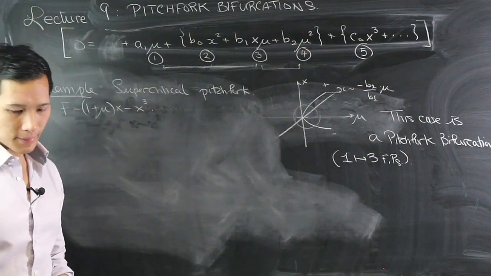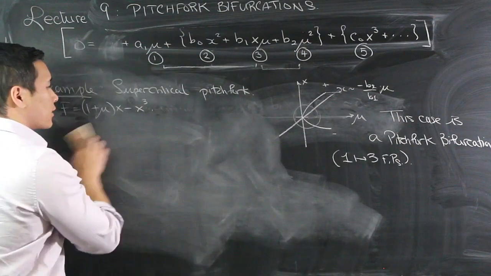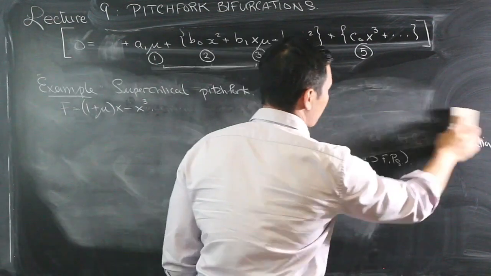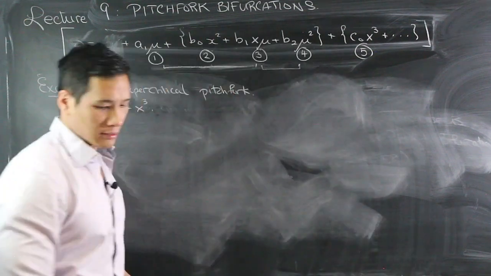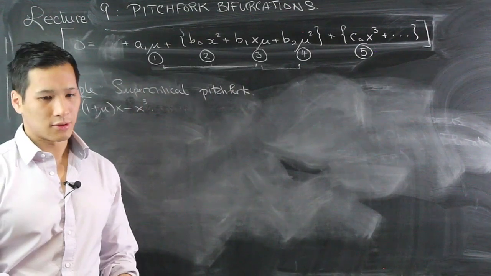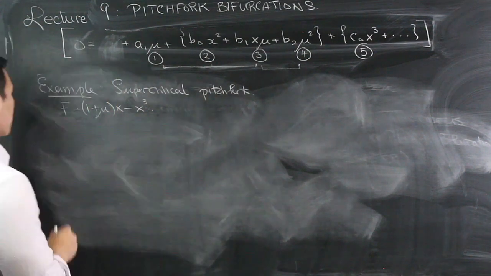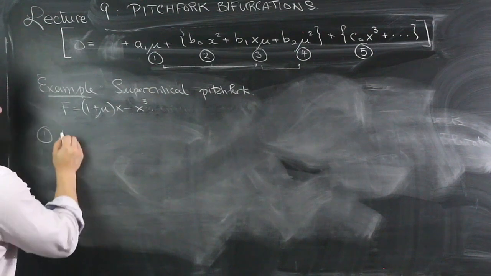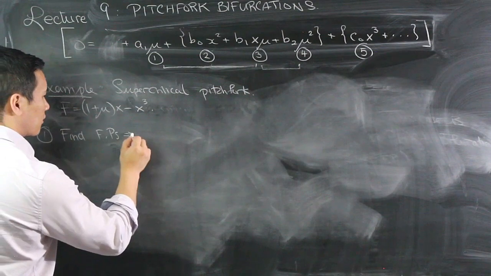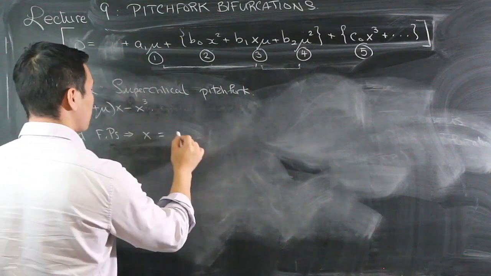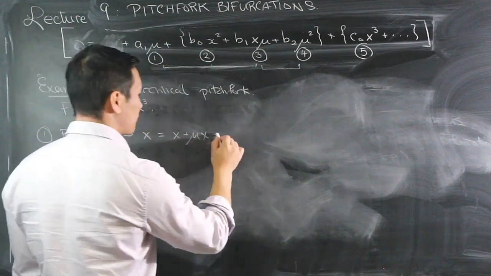The analysis is always the same. Let's find our fixed points, check stability, do a couple of cobwebs, and by then we should know how to plot the bifurcation picture. So step one, let's find our fixed points. We've got x equal to x plus mu times x, expanding this out, minus x cubed.